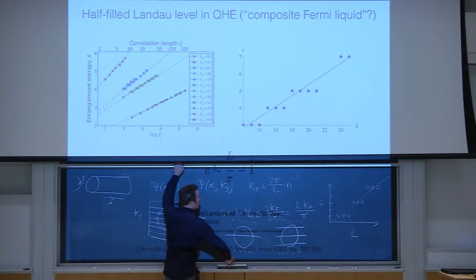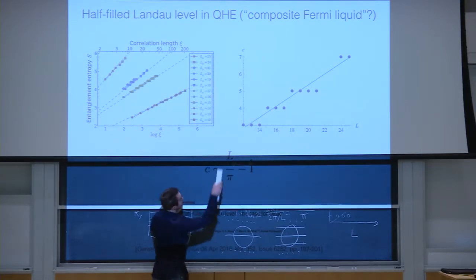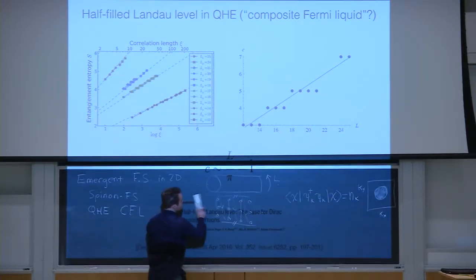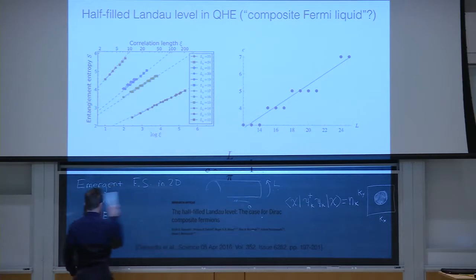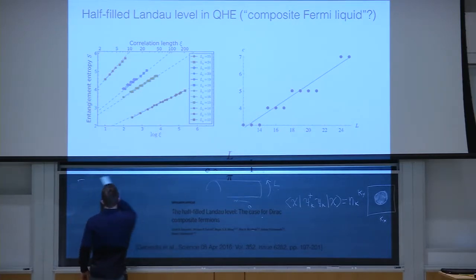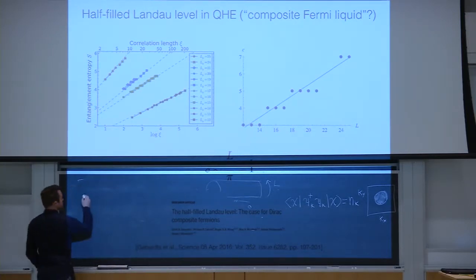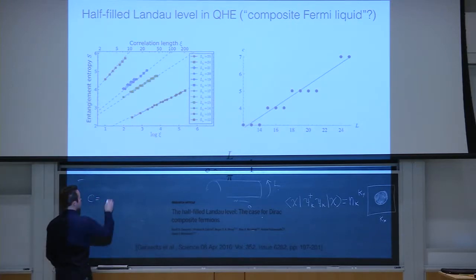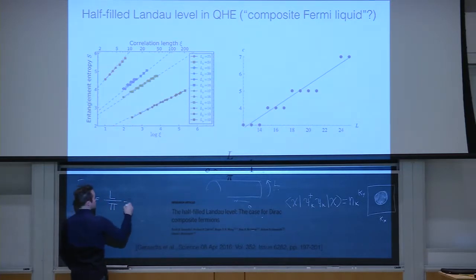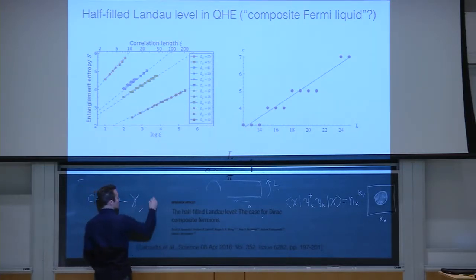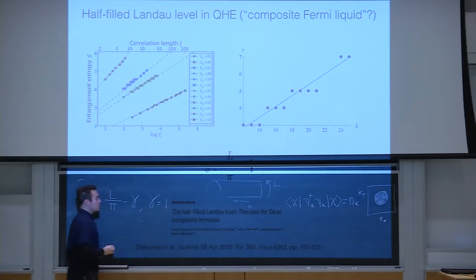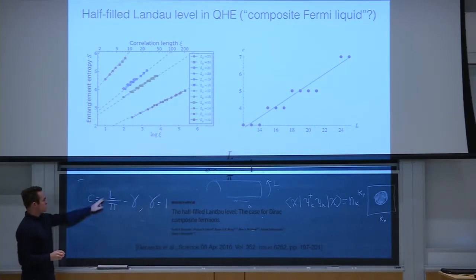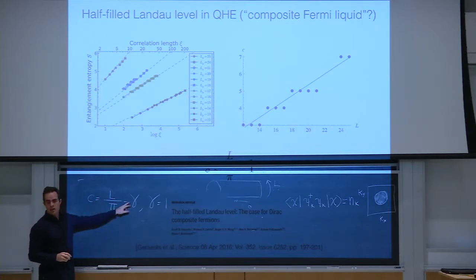The other thing you would find, if you fit the curve that I've actually fit, is that the central charge is equal to L over pi minus what I'll call gamma, where gamma is equal to 1. So it's still linear in L, but it has this weird offset, which has less central charge than you'd expect.